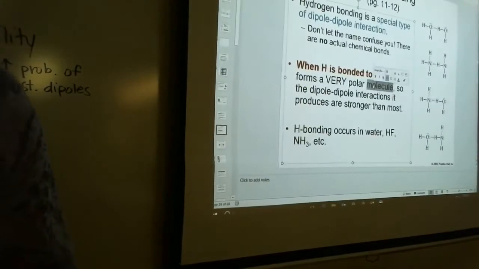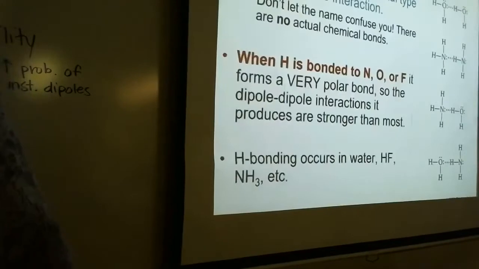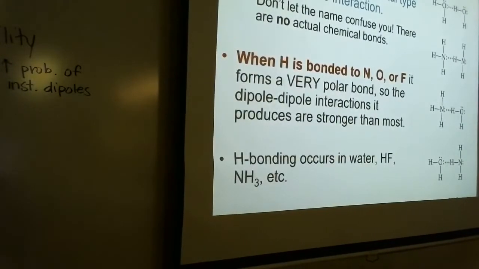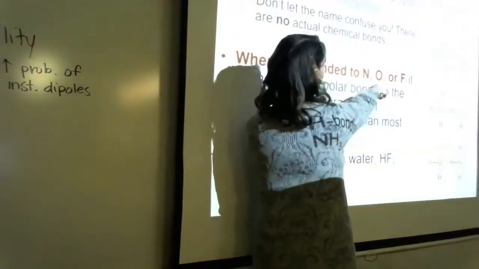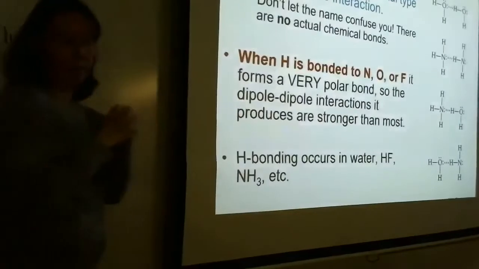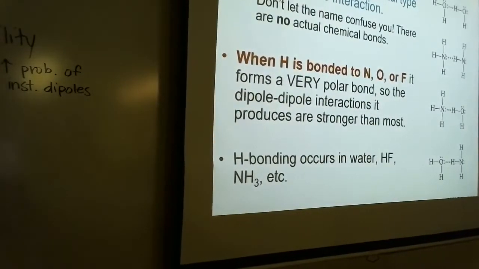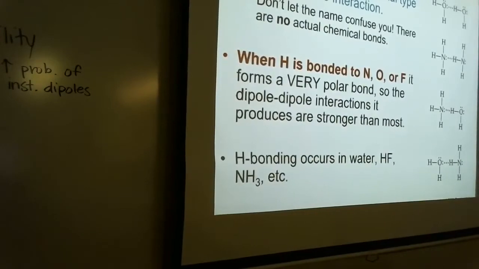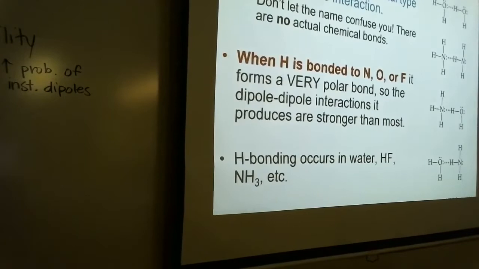Really polar bond. Okay, so any molecule that has HN, HO, or HF in it has hydrogen bonding. So again, it may not be the entire molecule. In these examples, the entire molecule is hydrogen and oxygen. So water is capable of hydrogen bonding. It hydrogen bonds with itself.